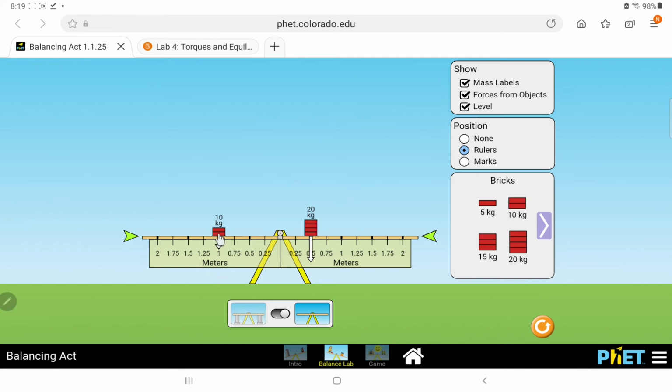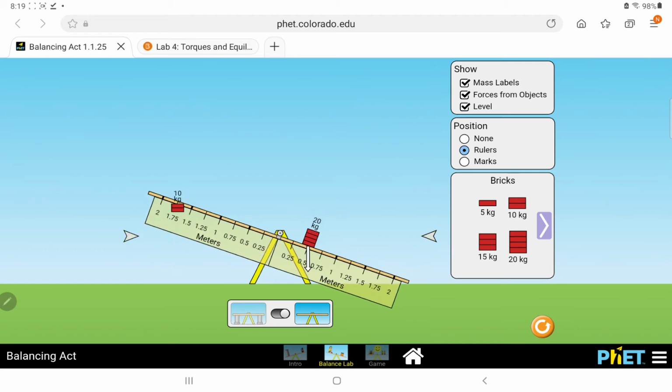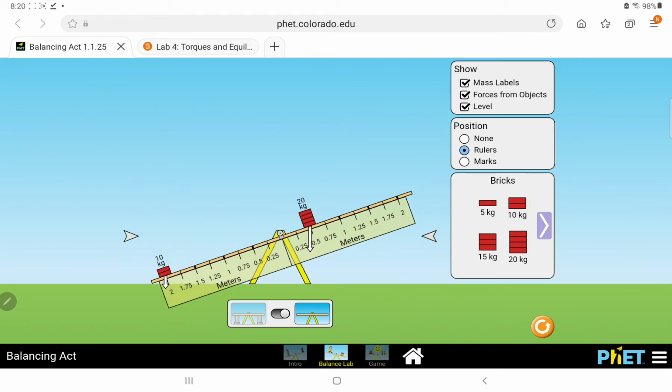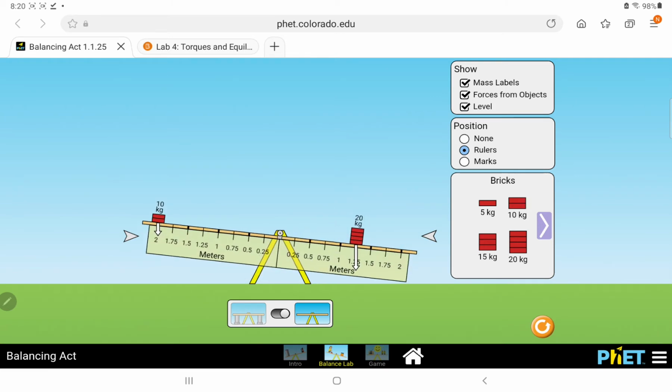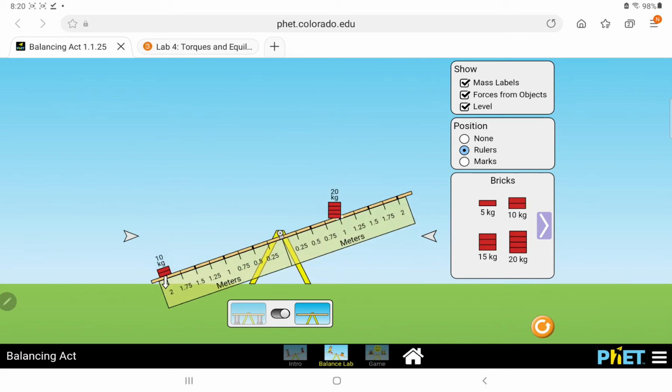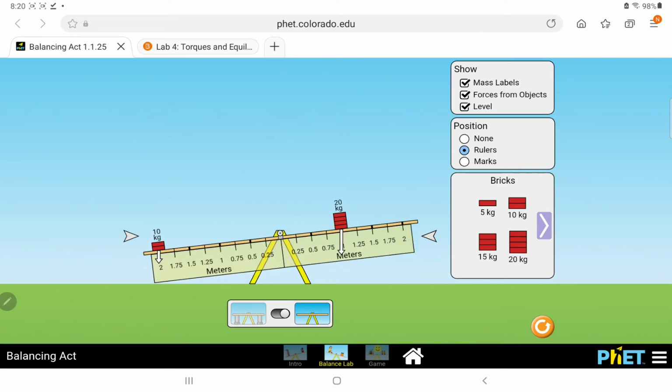Let me try some other points. For example, if I put this one at 2, what will happen? On the left I put 10 kg at 2 meter distance from the center, and let me balance it.